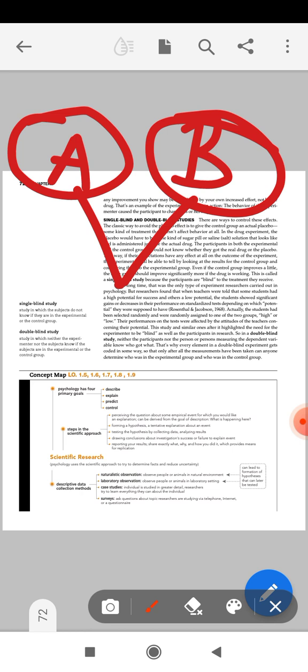But in a double blinded study, the experimenter also is not aware of which group has been given the actual drug and which has been given a placebo, and this will be revealed only after the entire data collection has been done. This will reduce the impact of the experimental effect.